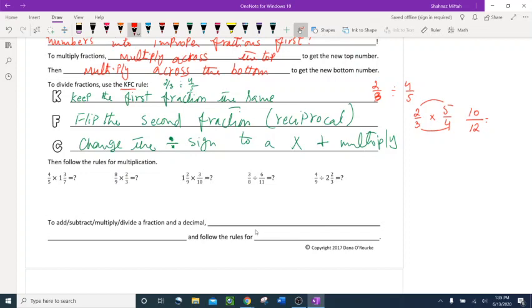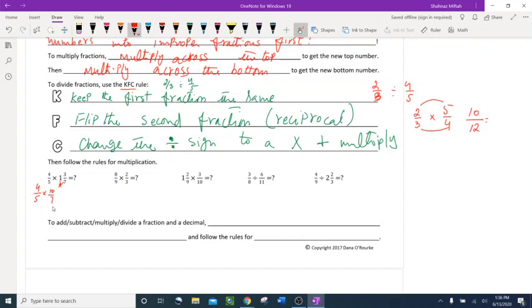Okay, let's try. This one, I have to change into, what is it called? Improper fraction. So 4/5 is going to stay as 4/5 times 7 times 1 is 7, multiply, right? 7 times 1 is 7 plus 3 is 10. So 10/7.